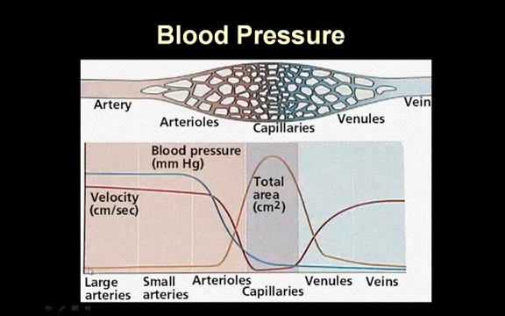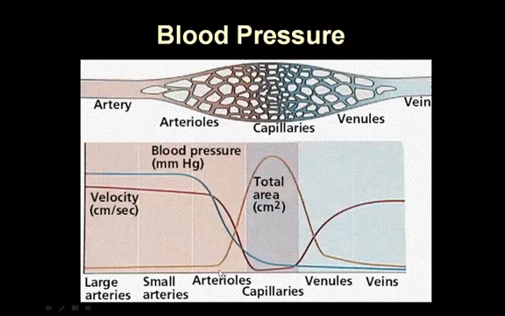The large arteries, the small arteries, and the arterioles make up a pretty small proportion of the total area of vessels. This increases dramatically when we get to the capillaries, so there is a large area for blood to travel through in the capillary network, and again this begins to decrease somewhat when we move into the venules and the veins.